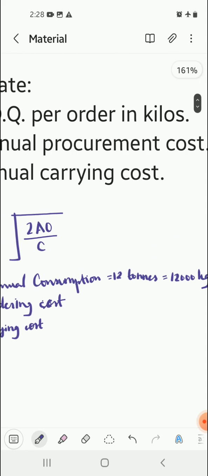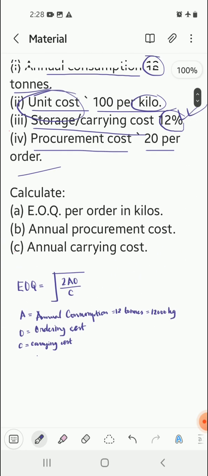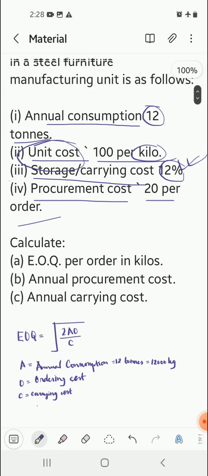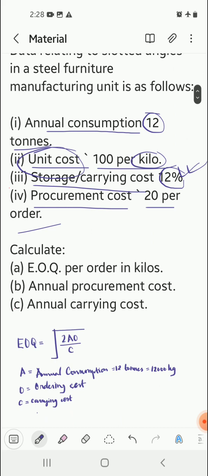Next we come to the ordering cost. As per our question, the ordering cost is also given. Storage cost is 12%, procurement cost is 20 rupees.